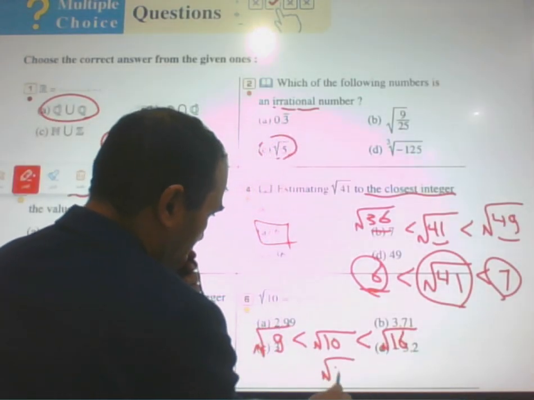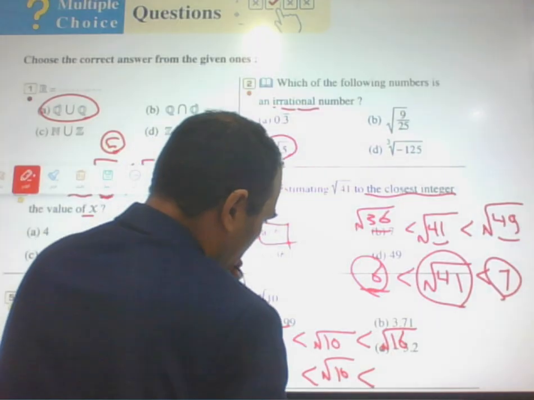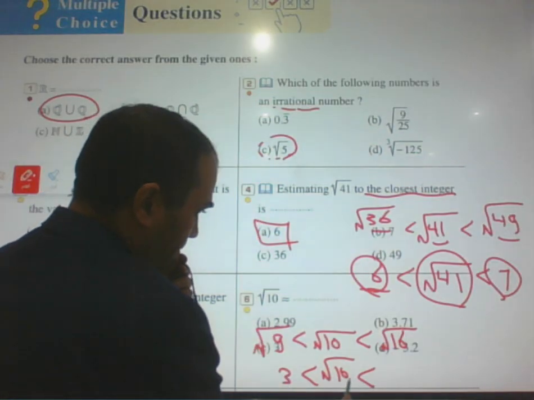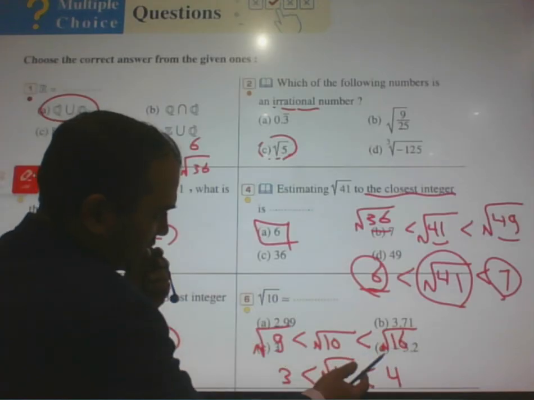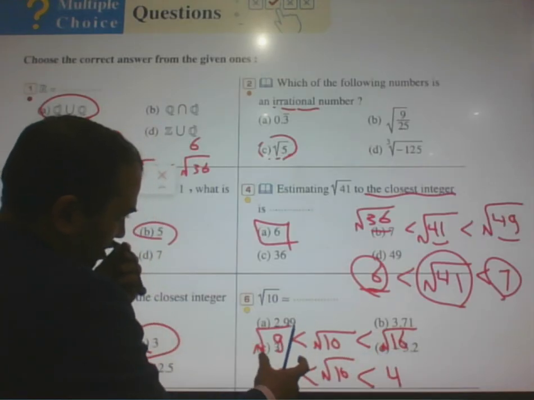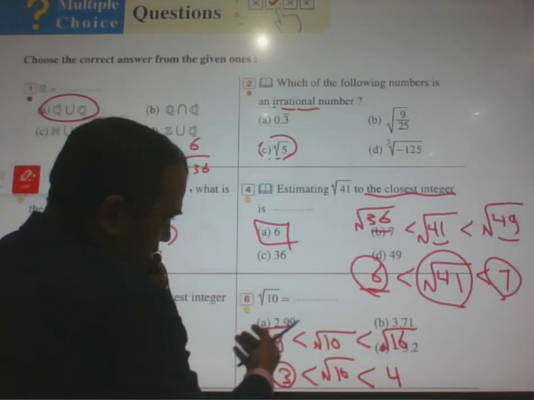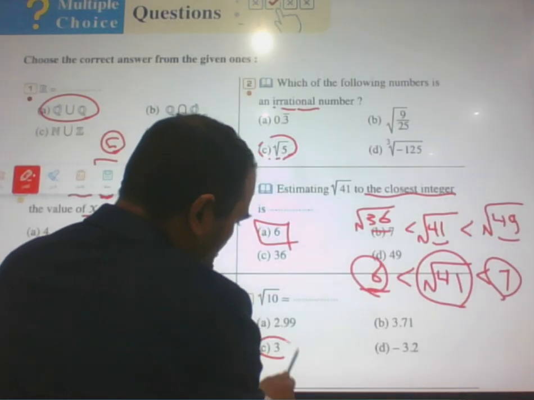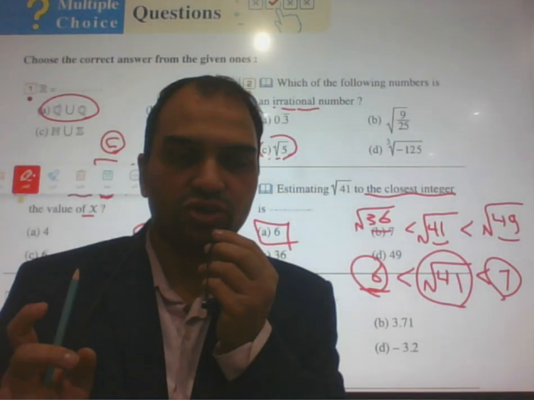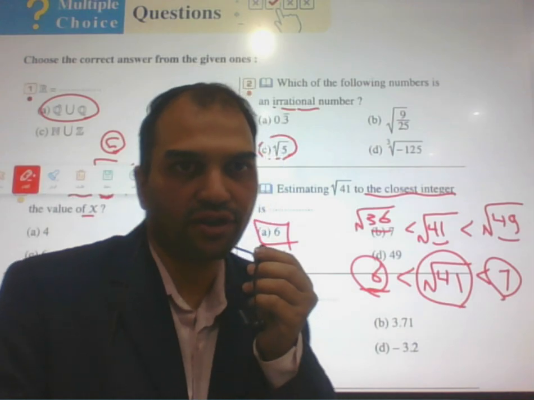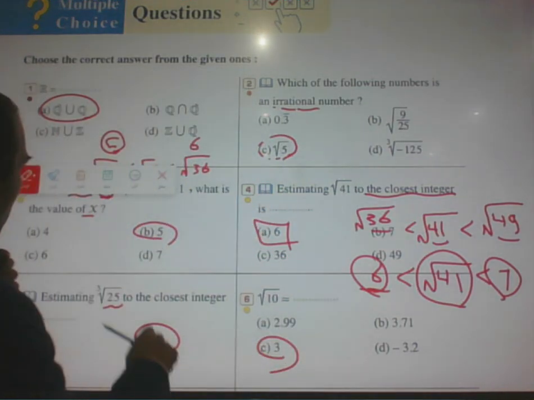Then square root of 10 lies between 3 and 4. But there is a long distance between 10 and 16 and a small distance between 10 and 9. Then it's nearest to 3, so we approximate it to the nearest whole number, which is 3. Or you can write this number in your calculator and approximate the answer to the nearest whole number. Okay? Understood, my students?